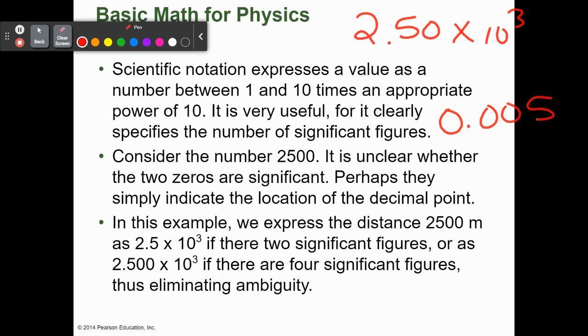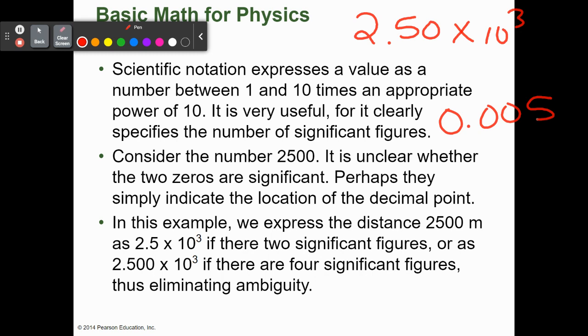Would the 2.50 not be like an incorrect scientific notation though? No, it'd be fine. You can leave a zero there. Now, see, this is where kids get confused with math. Because what have you always been taught in math? You can drop it off. Doesn't matter, right? But if it's a measurement, it matters because I know I'm measuring out to the hundredths place.